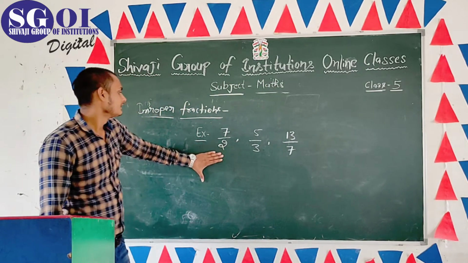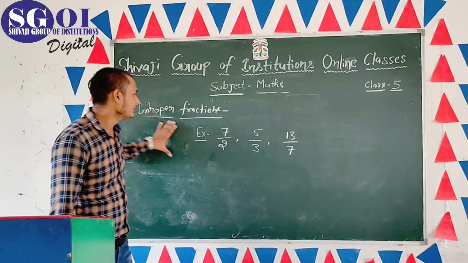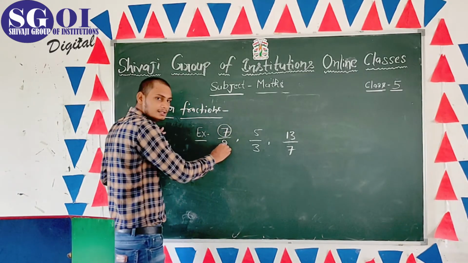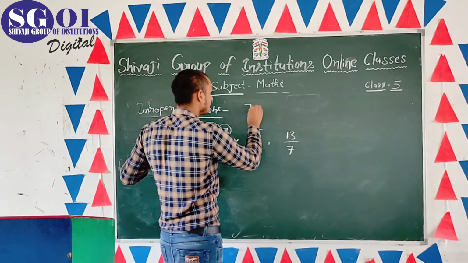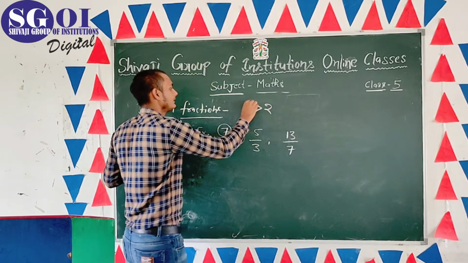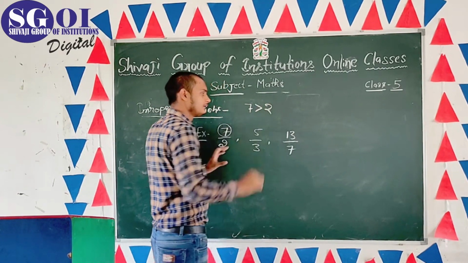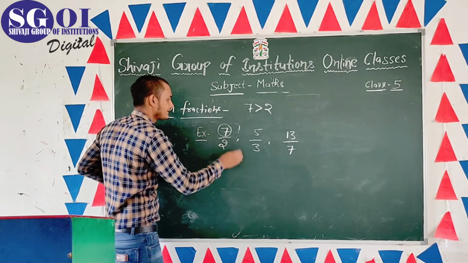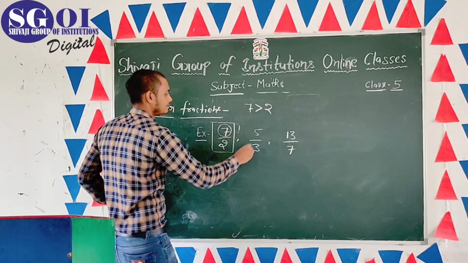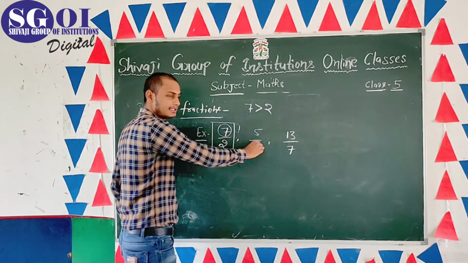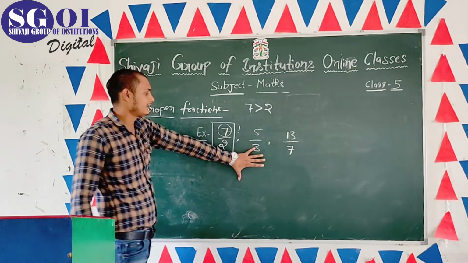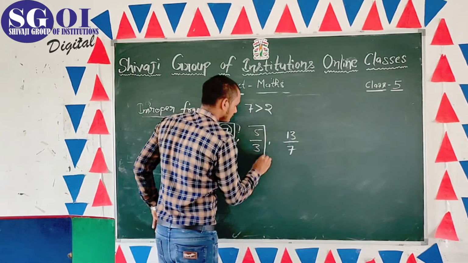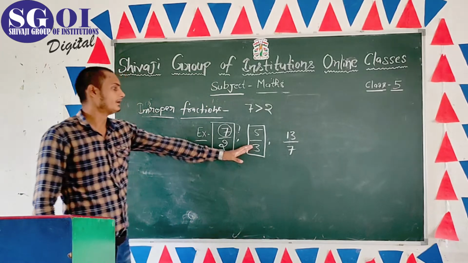Okay students, these are improper fractions because the numerator is greater than the denominator. 7 is greater than 2, so this is called improper fraction. 5 is greater than 3, so this type of fraction is called improper fraction.